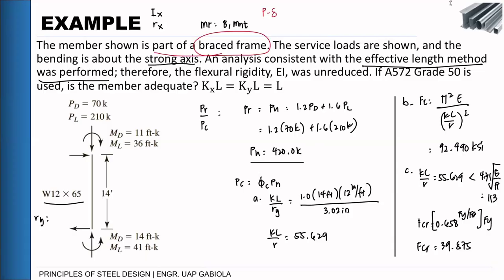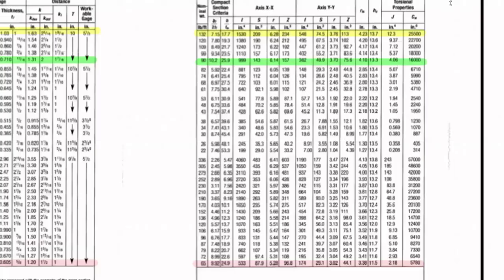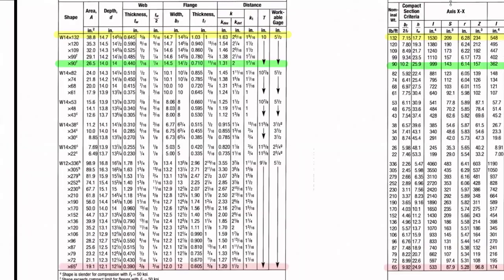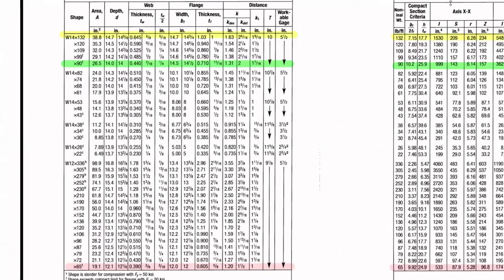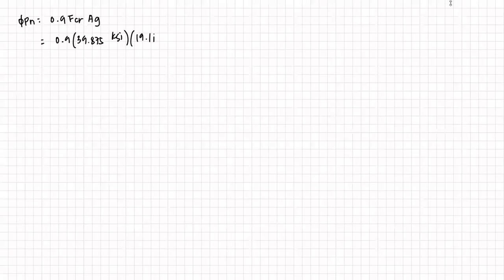So Fcr is 0.658 raised to 50 over our Fe, times 50. We have 39.875 ksi. Once we have Fcr, we can now get the value of phi Pn. Phi Pn is 0.9 Fcr times Ag. So Fcr is 39.875 ksi, and Ag, looking at the table, is 19.1 inches squared.